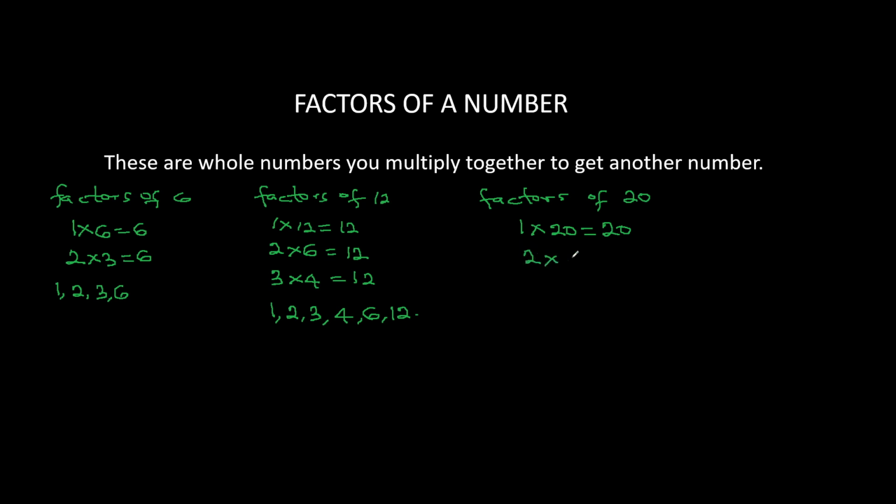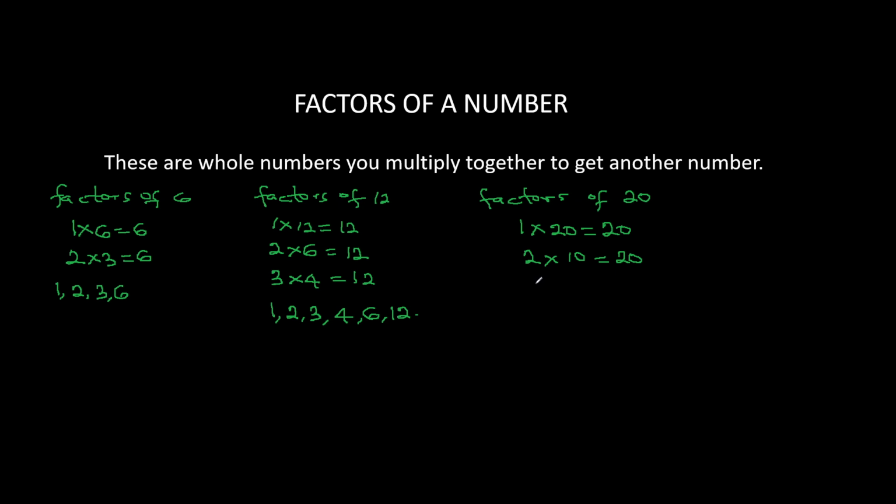2 times 10 also gives you what? 20. Right? What about 3? 3 times what will give you 20? Nothing, right? Except it's going to have some decimals, which we are not going there right now.